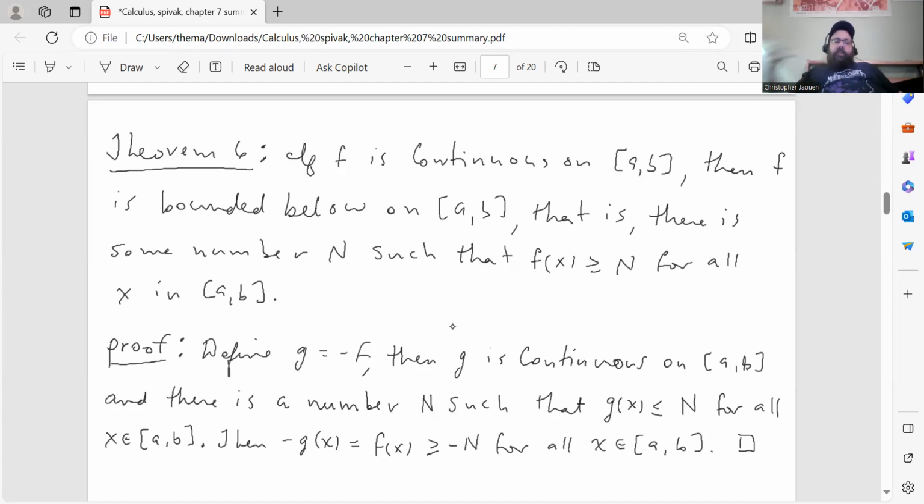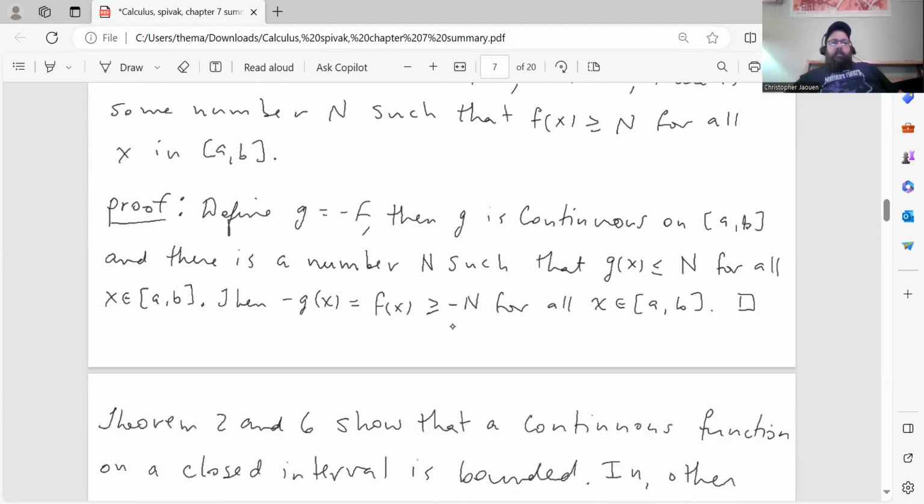Define g to be the function negative f, then g is continuous on the closed interval from a to b, and there's a number n such that g of x is less than or equal to n for all x in the closed interval from a to b. That's from theorem 2. Then negative g of x, which equals f of x, is greater than or equal to negative n for all x in the closed interval from a to b, and that proves the theorem.